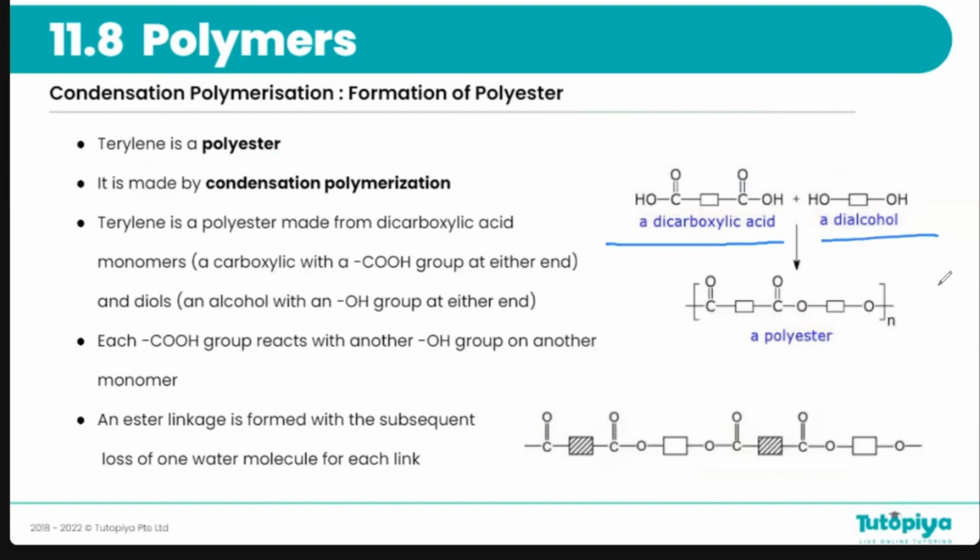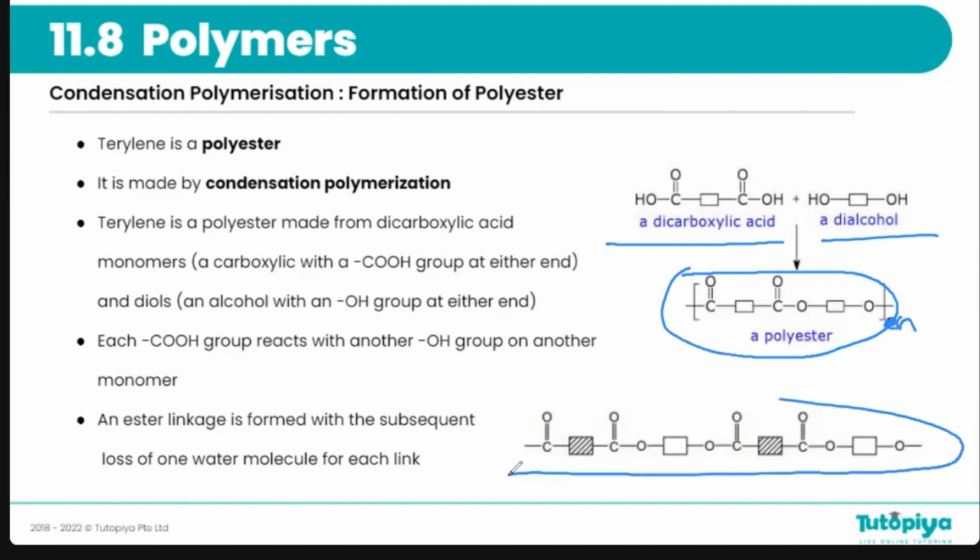If they ask you to draw the repeating unit, then you need to draw one with the ester linkage. Remember, when you're drawing the repeating unit, you don't write the n. And then if they ask you to draw the polyester itself, then you can put the n. Or you can also draw several of the monomers linking like this.